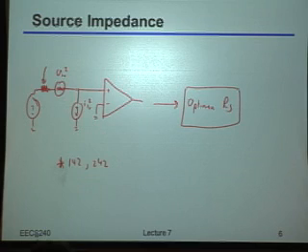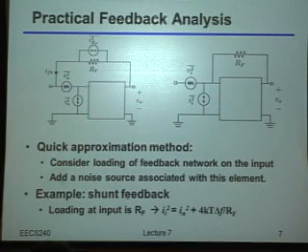Okay, great. So let's go back to talking about how we're largely going to be doing things here in 240. Now, as I mentioned before, ideally speaking, feedback should not be changing your noise performance. But unfortunately, anytime you put in a real feedback element, particularly if you're putting in resistors, they themselves will also contribute noise to the output. Okay?